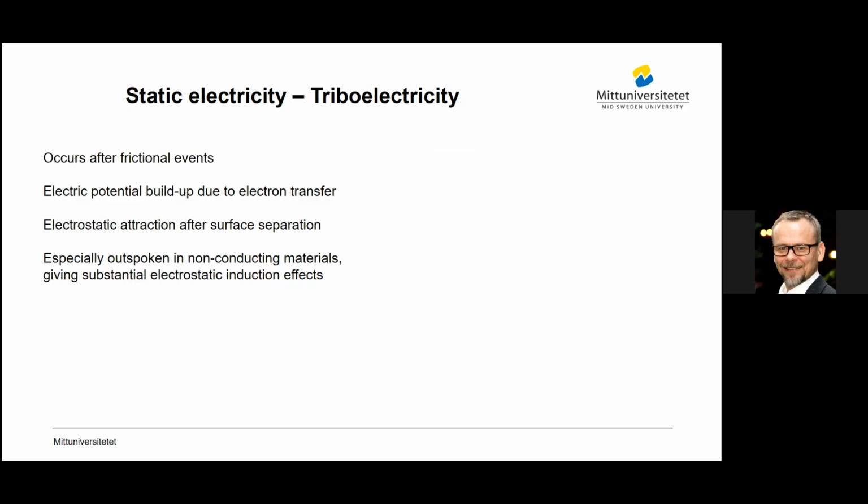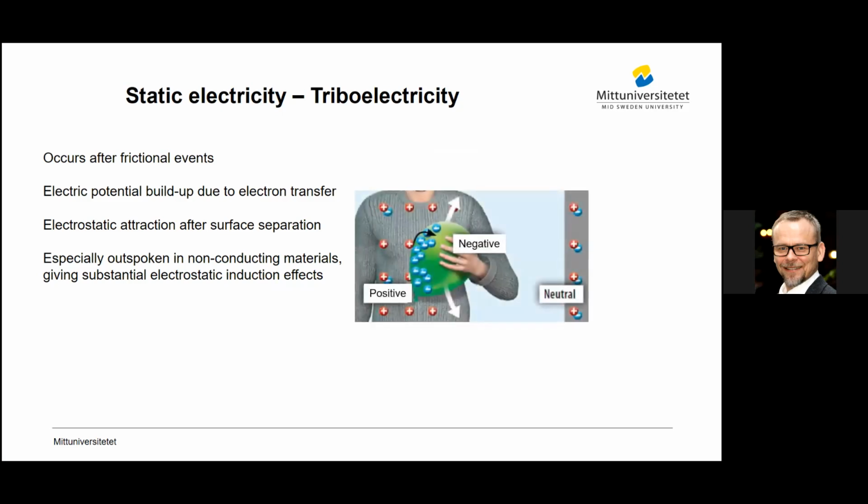It has been known for ages, but in the last couple of decades, it has been developed a lot, and actually this triboelectricity comes from frictional events that we know, and it is due to electron transfer between different materials. And non-conducting materials are especially outspoken, so that is interesting.